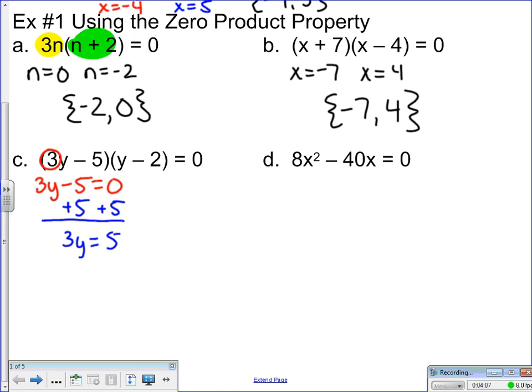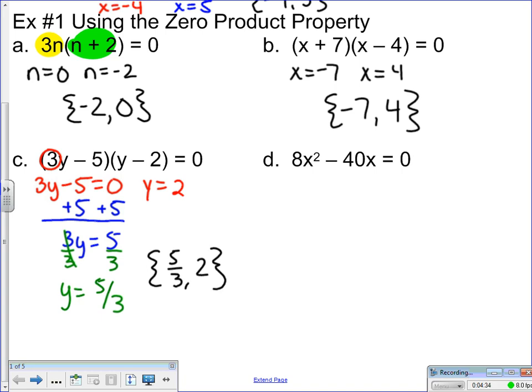And then when there's a number in front, you divide by it. So the answer would be y equals 5 over 3. So it's okay to get a fraction for these. And for the other problem, y would equal 2, because 2 minus 2 is 0. So our two answers are 5 over 3 and 2.